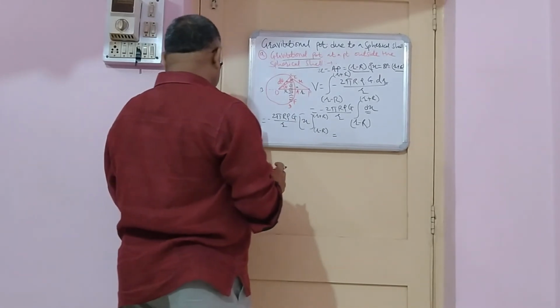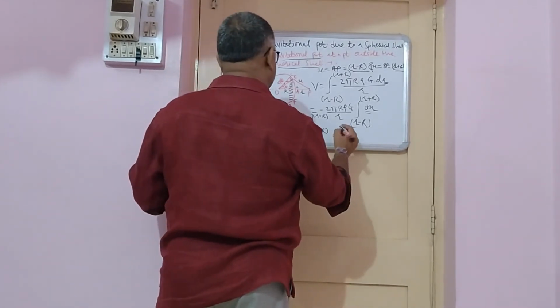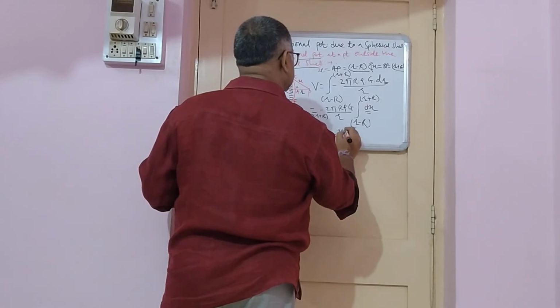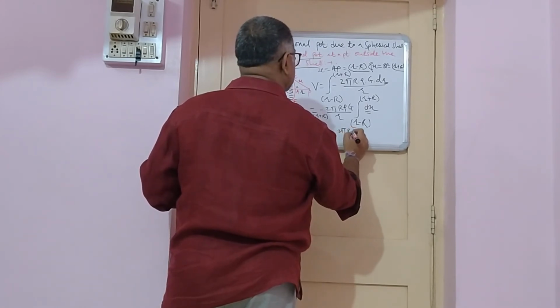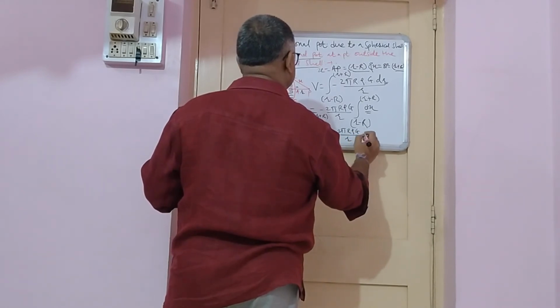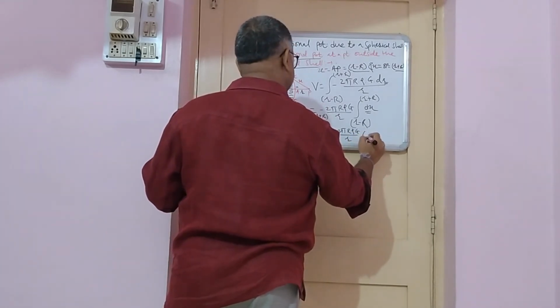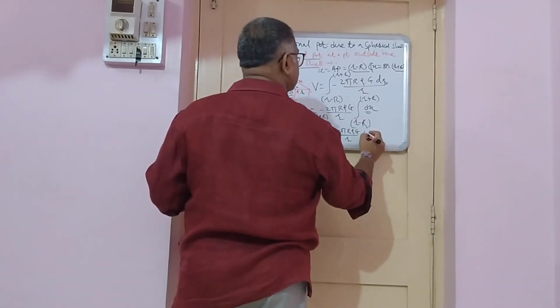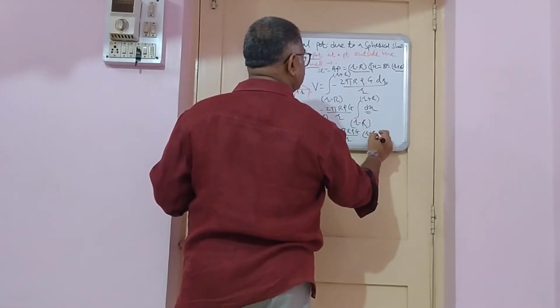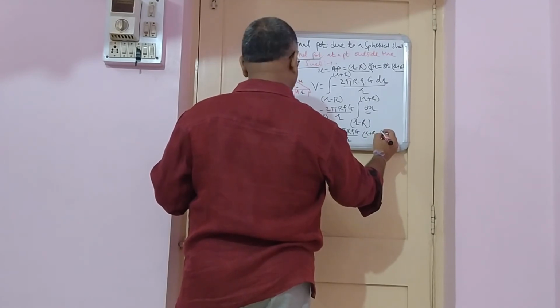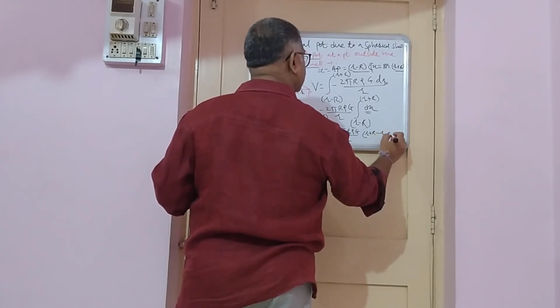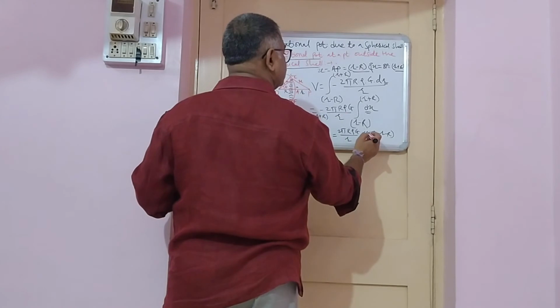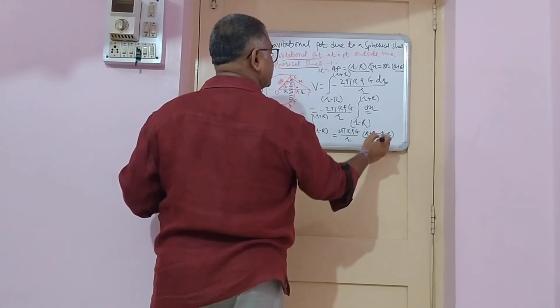We get 2 pi r rho g divided by r, and in bracket r plus r, the upper limit, minus the lower limit r minus r.